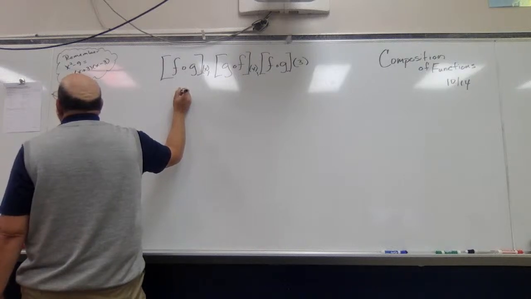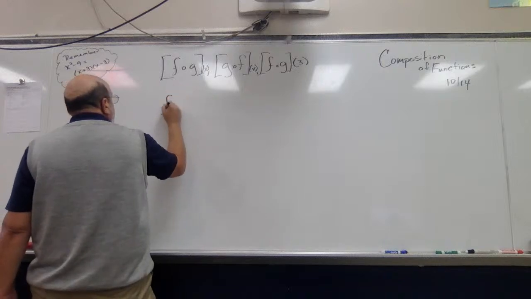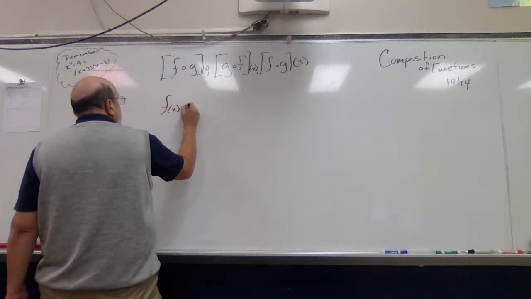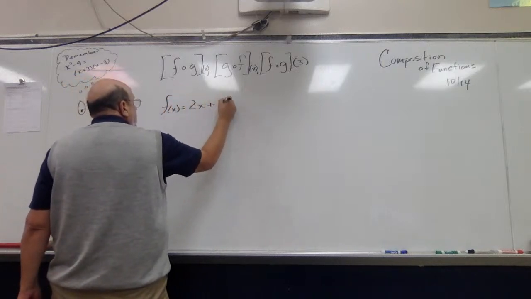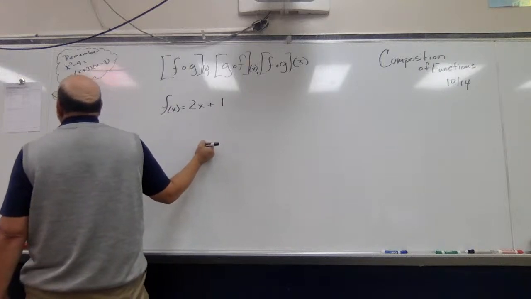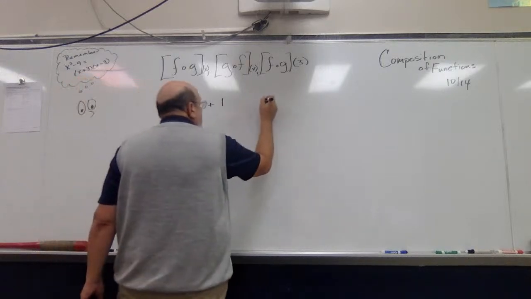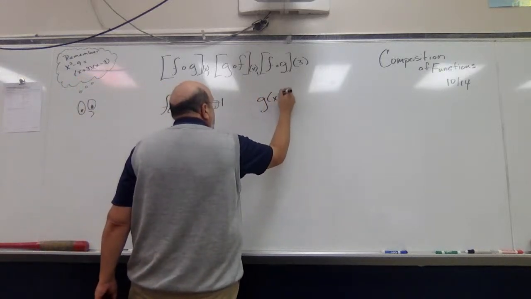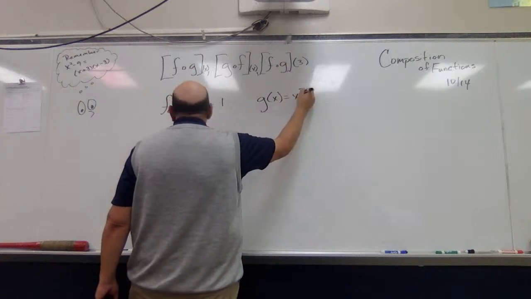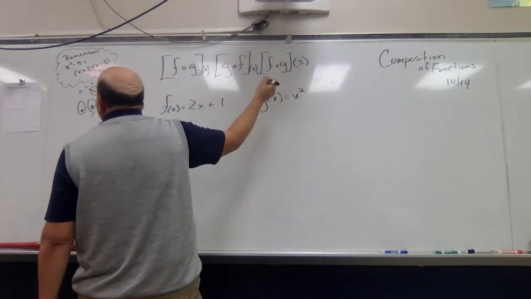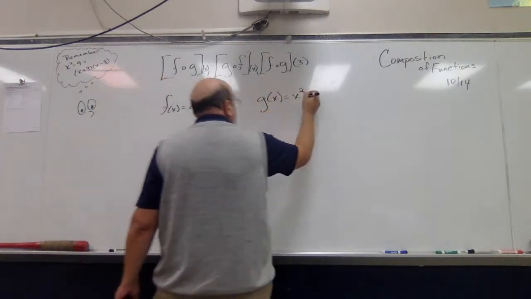Let's do f of x is 2x plus 1. And g of x is x squared minus 2x minus 4.